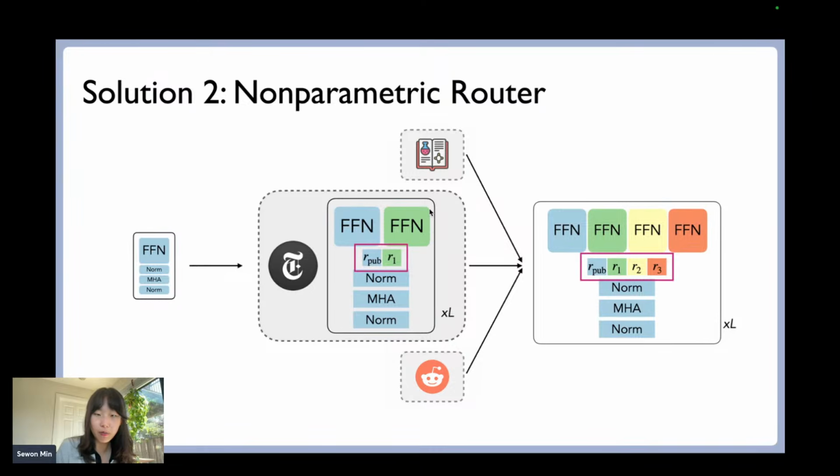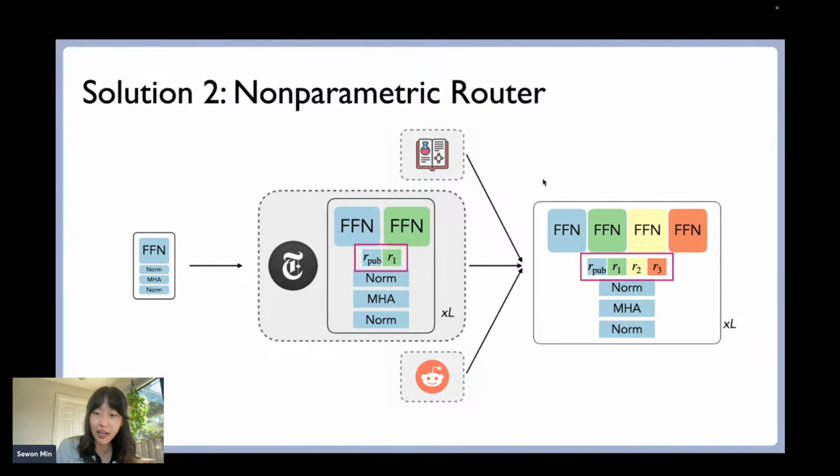When we train the model, this public vector remains frozen while we only train R1, the new router embedding. To summarize, when you are training your own expert, you freeze all the blue part and train the green part only, which is 1 FFN and 1 router embedding per layer.